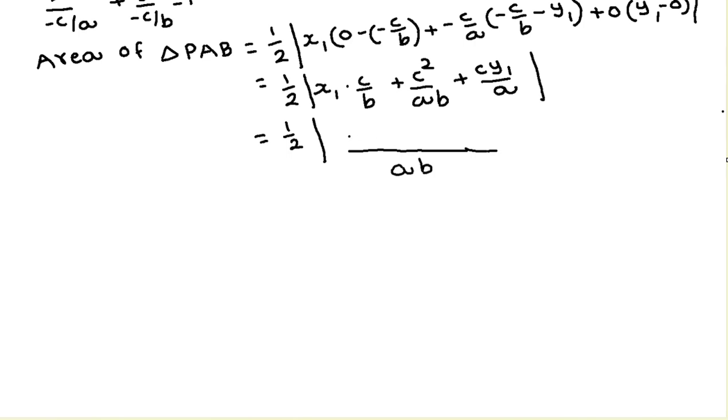So the numerator becomes cax1 plus c square plus cby1.